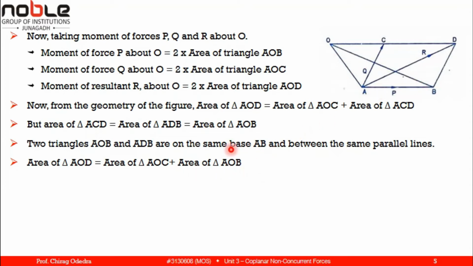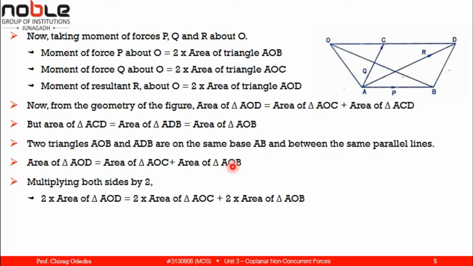This comes by replacing the area of triangle ACD by the area of triangle AOB, because the areas of both triangles are the same. Now multiply both sides by 2, that is, 2 into area of AOD is equal to 2 into area of triangle AOC plus 2 into area of triangle ADB.